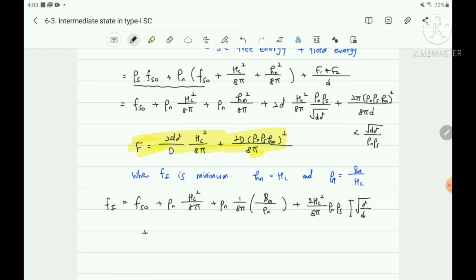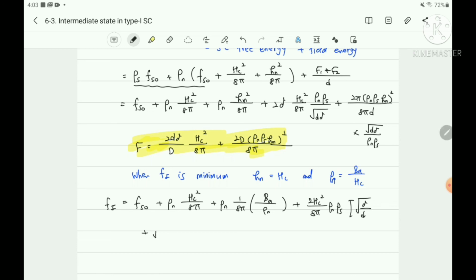Okay. Rho n square, plus square root d over delta.